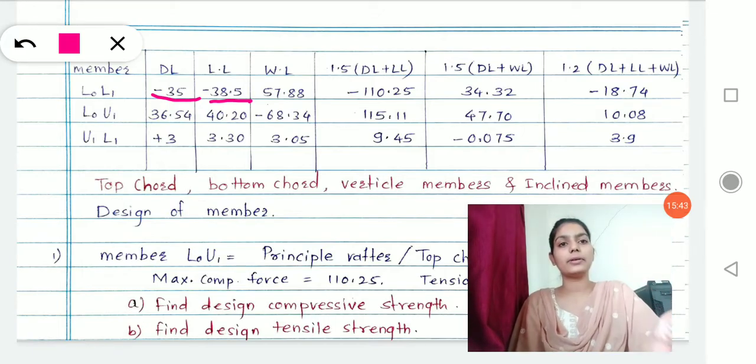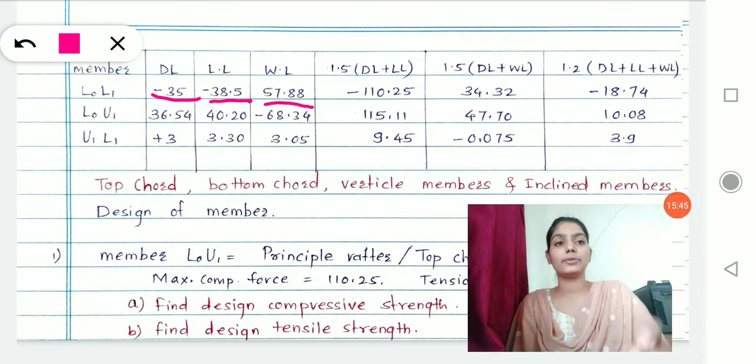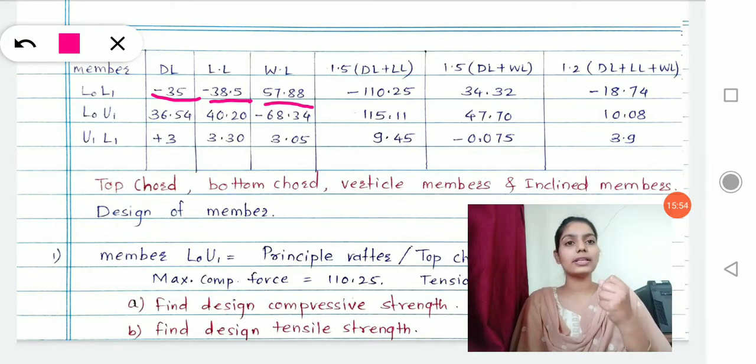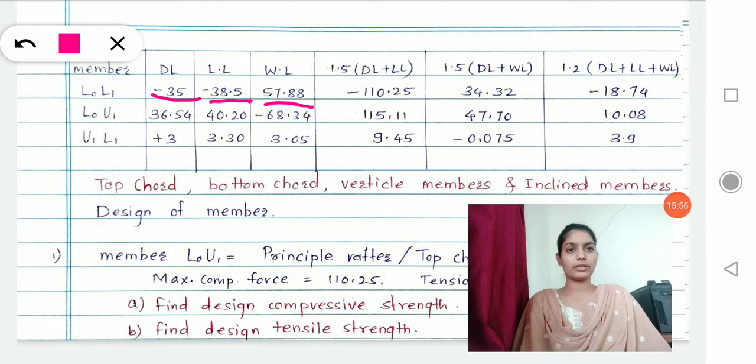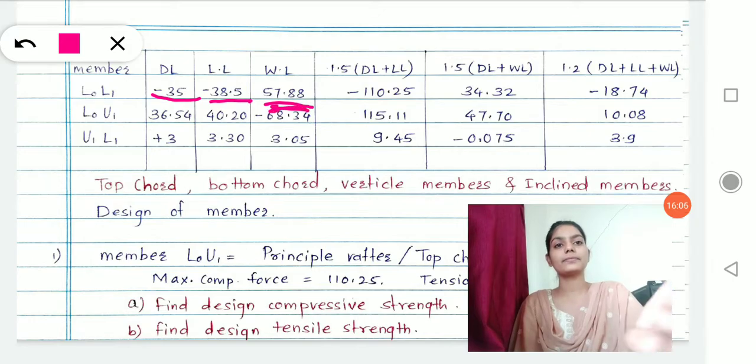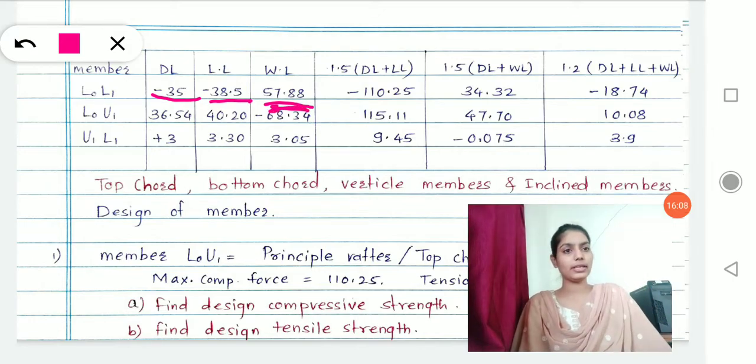In the third column, I can see a positive value for wind load. The positive value came when I analyzed my truss for wind load, and this value gives me the magnitude 57.88, the force due to wind load acting upon the structure.